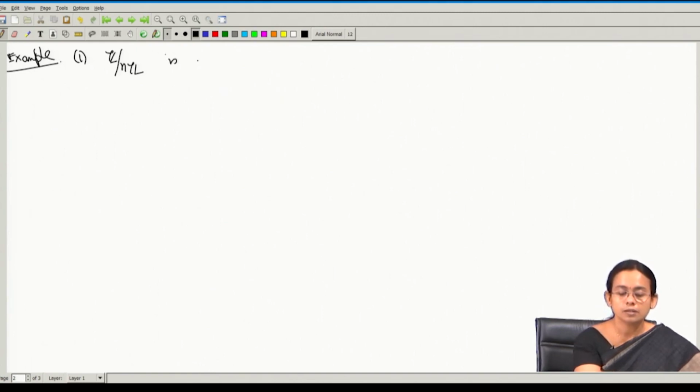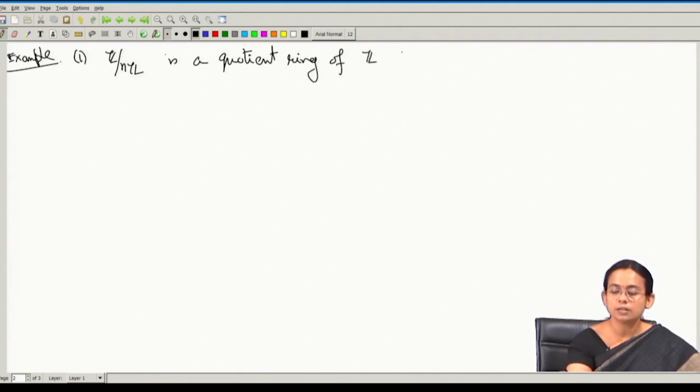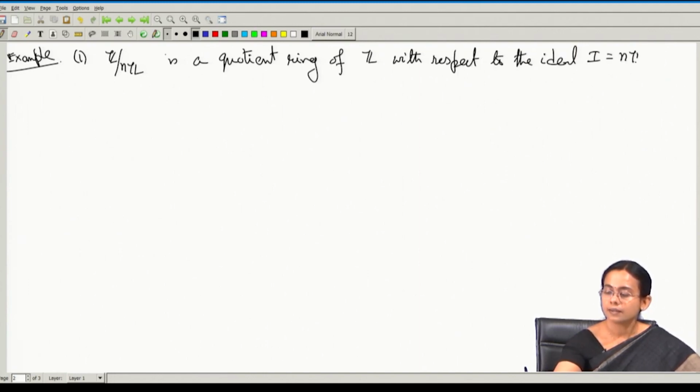So, this is a quotient ring of the ring of integers with respect to the ideal I as nZ. We have already studied this ring structure, but in fact we can observe that this is nothing but the quotient ring.